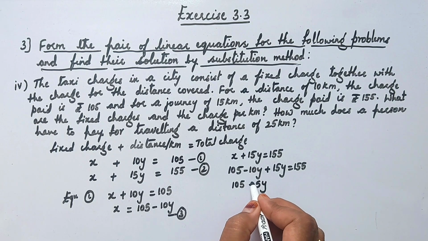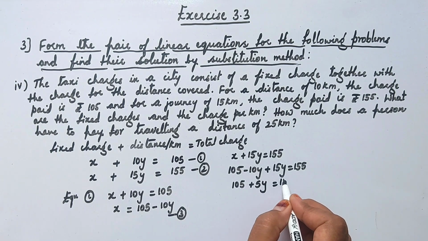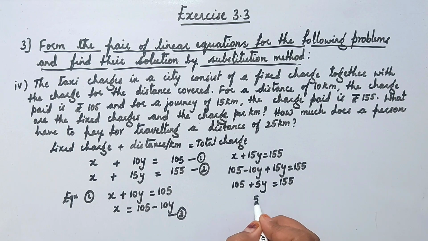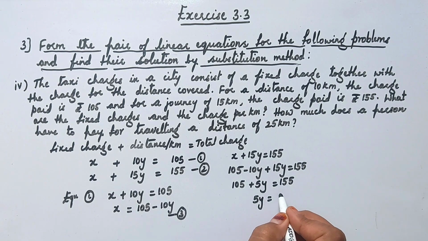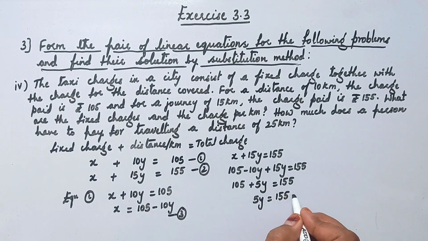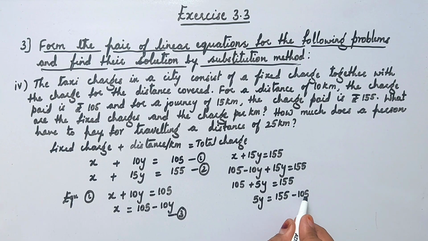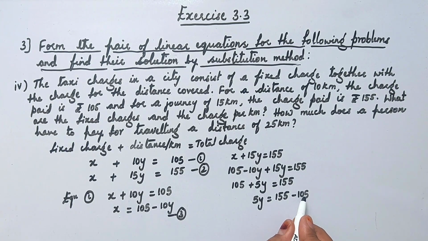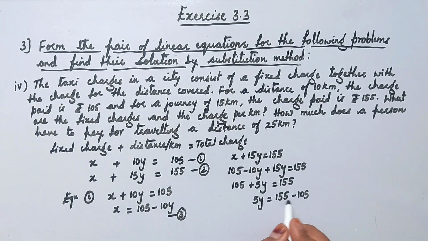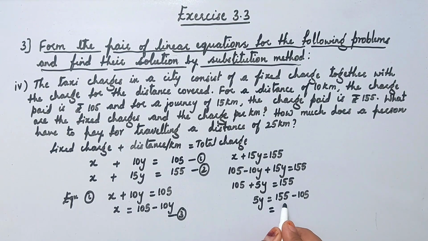Greater number sign is plus, equal to 155. 5y equal to, after equal to I have got here 155. Okay, send this to the other side. You're going to get negative of 105. Okay students, now when you subtract these two, you're going to get here 50.